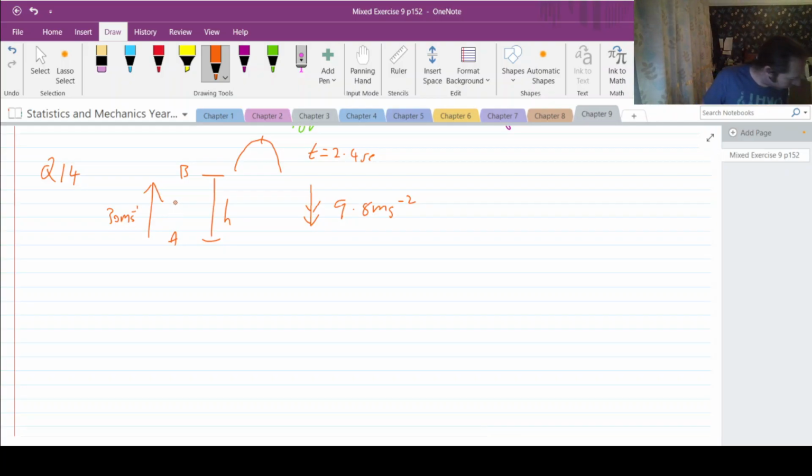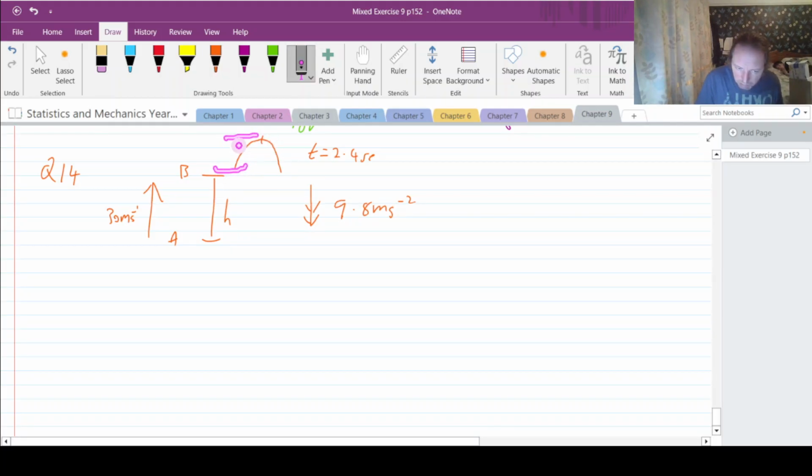So what do we know? We're probably going to want to split this up into 3 possible sections, of which these two are identical but reversed in terms of the time it takes to get up to the top and down to the bottom here.